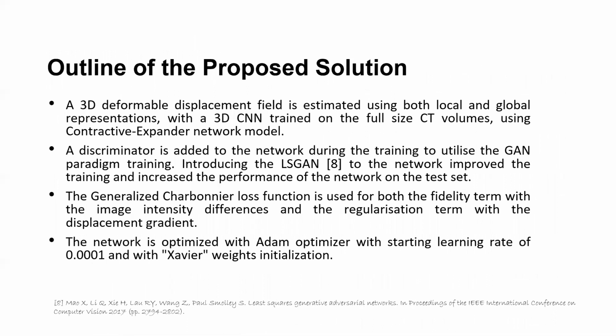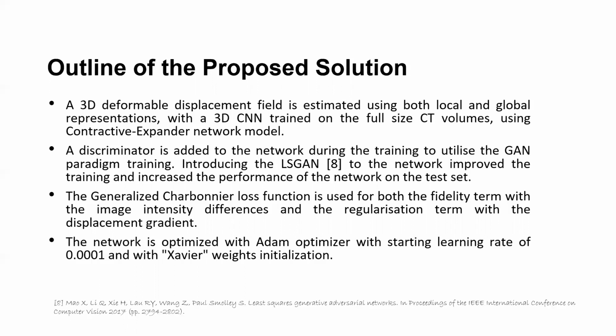Outline of the proposed solution. A 3D deformable displacement field is estimated using both local and global representation with a 3D CNN trained on the full-size CT volumes using a contractive-expander network model. A discriminator is added to the network during the training to utilize the GAN training paradigm.